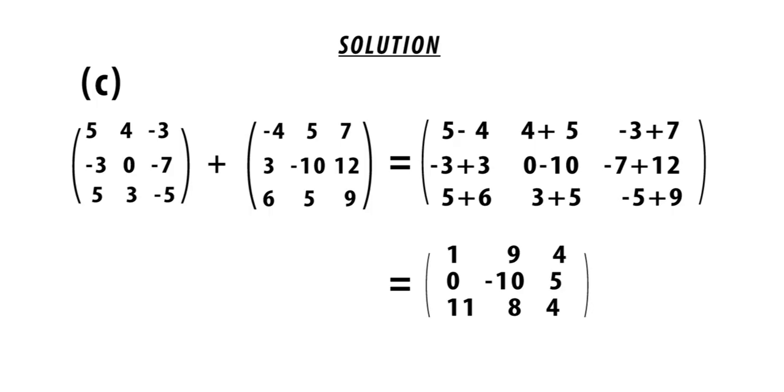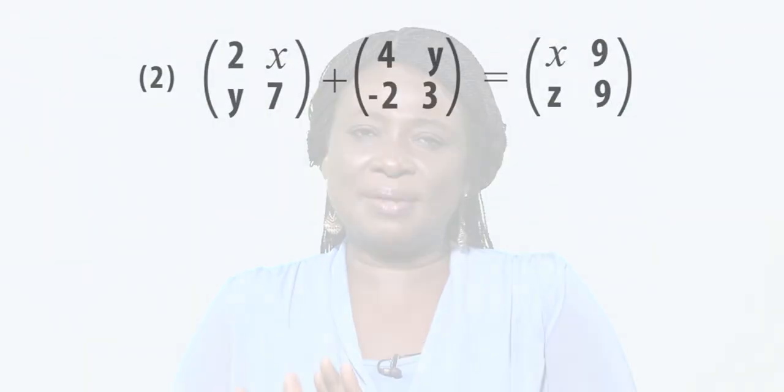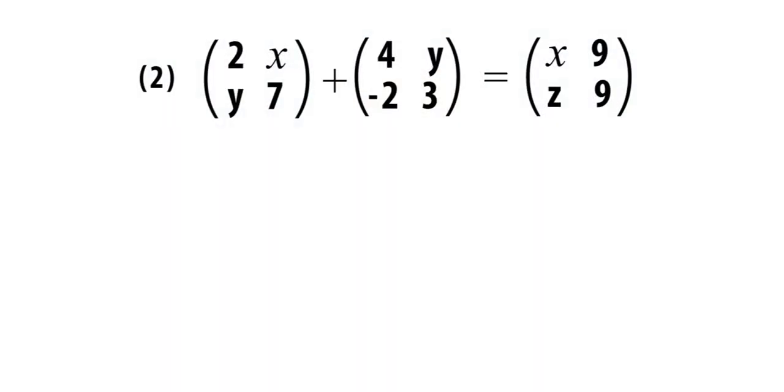Good. For the second question, we were given that the matrix 2x, y, 7, plus the matrix 4y, negative 3, 2, is equal to the matrix x, 9, z, 9. And we are to find the values of x, y, and z. Remember, we have to add the corresponding elements.